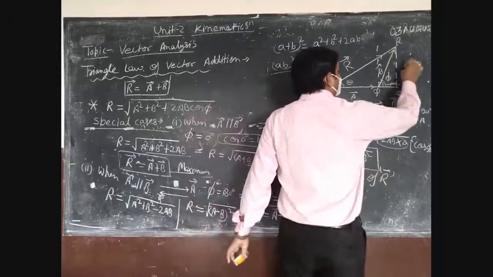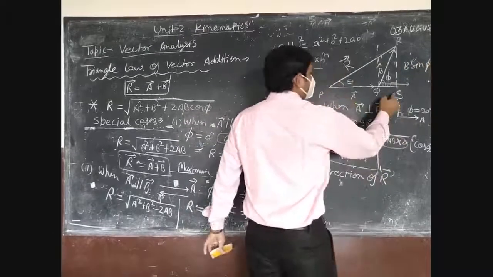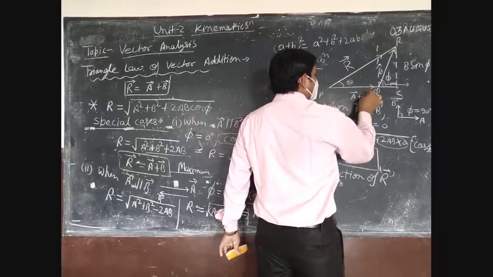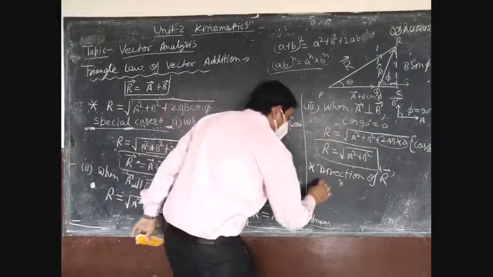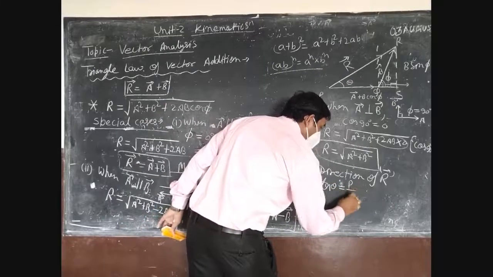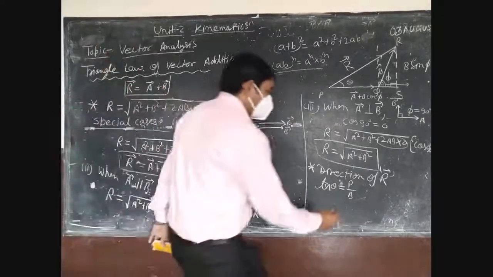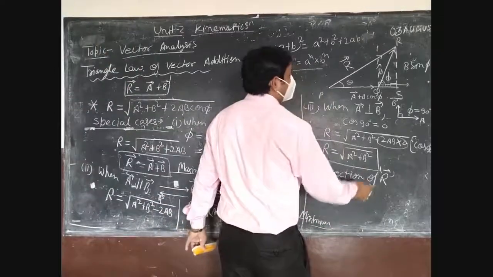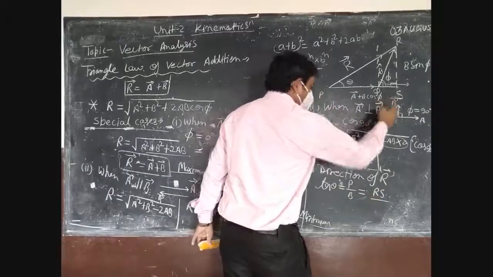Here we have b sin phi, and this we have a plus b cos phi. So tan theta, as you know, is equal to p upon b, perpendicular upon base. Here you have p as RS and b as PS.